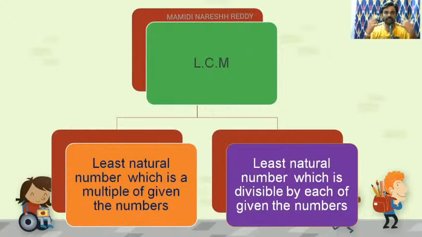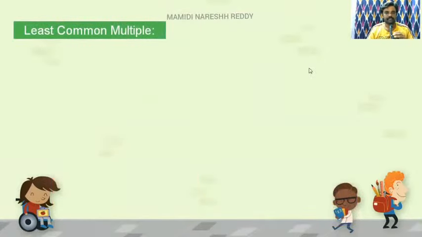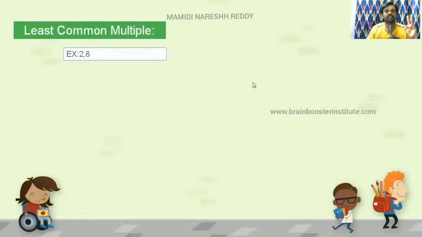I'm taking two numbers, for example 2 comma 8. And I am also taking these tables. I don't mention the direct method to find the LCM here. Let us learn how we can apply the definition, and what is the role of the LCM.